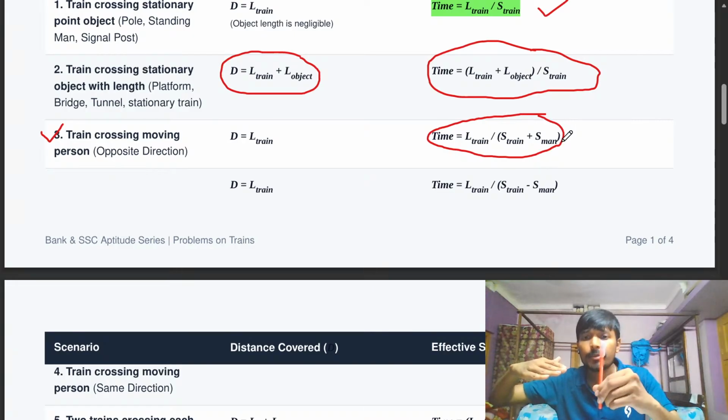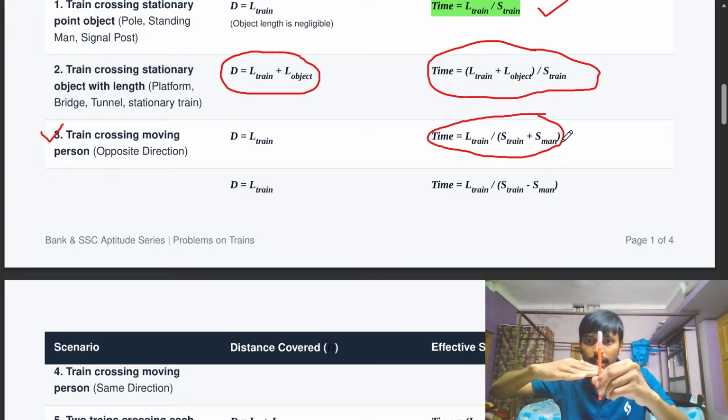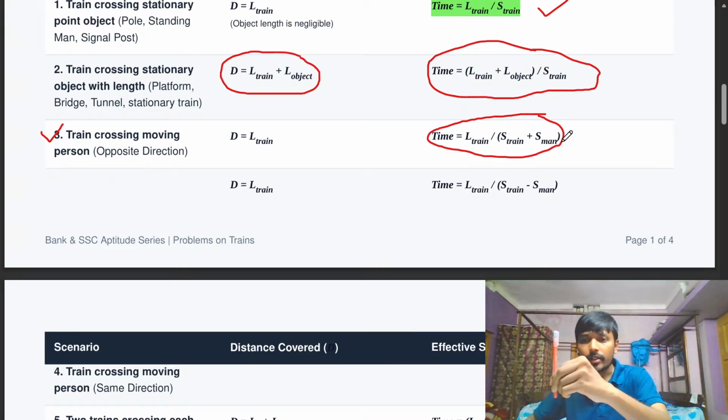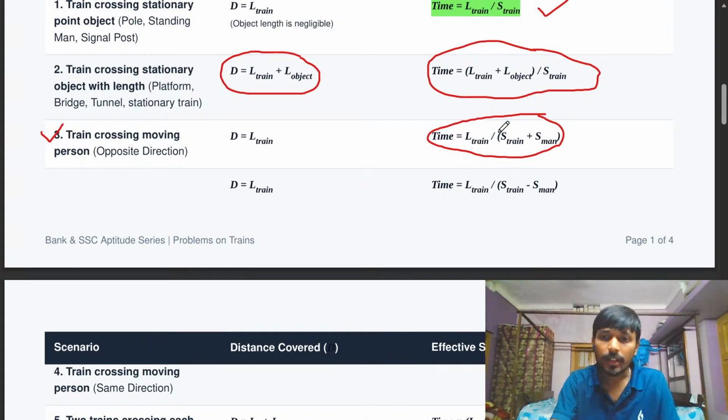So in this case, time is the length of the train divided by the speed of the train plus the speed of the man. This is in the opposite direction.